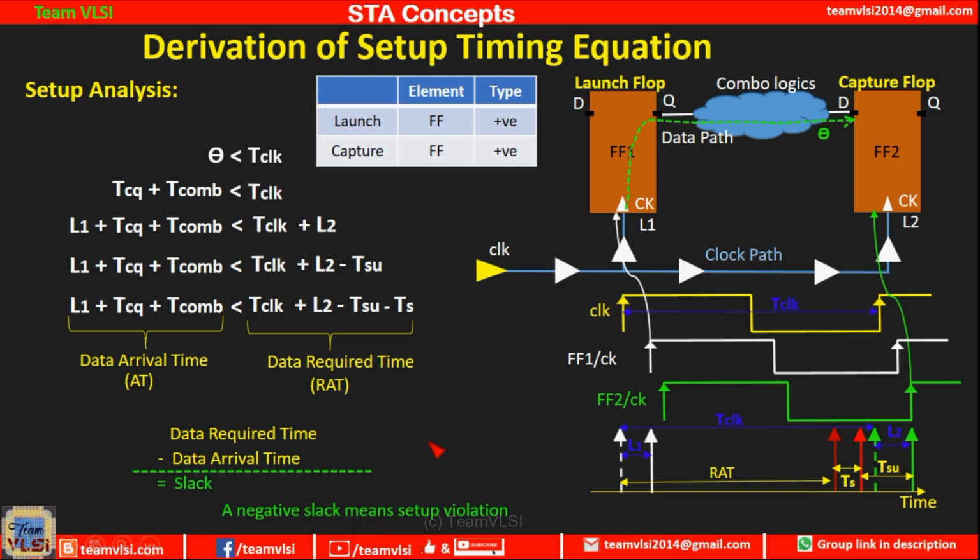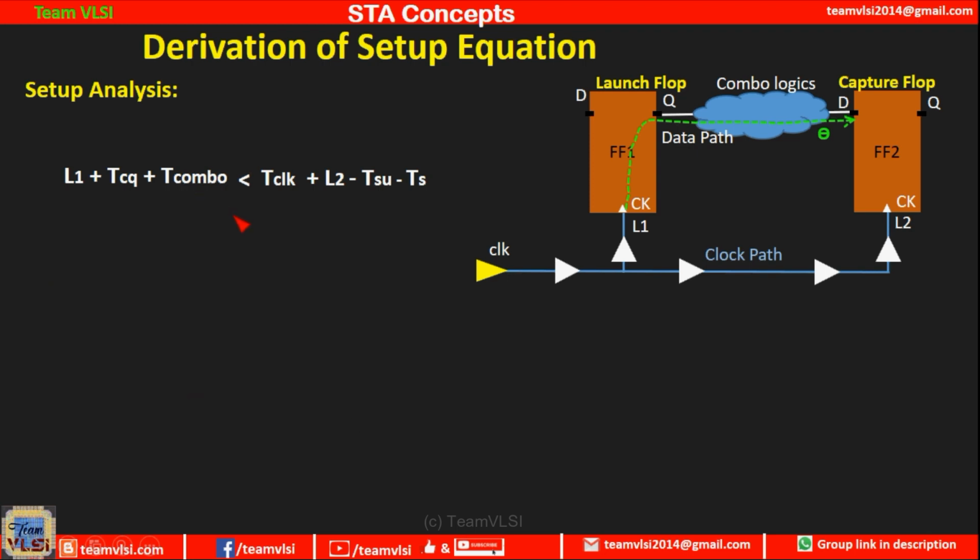One more thing, L2 minus L1, that is the latency of flip-flop 2 minus that of flip-flop 1, and the difference between the latencies of these two flops is called skew. Let's simplify this equation more.